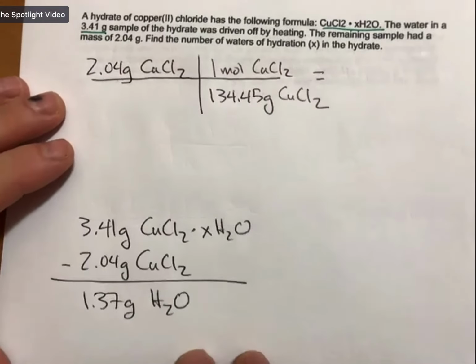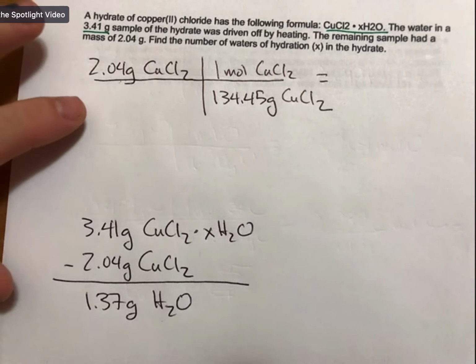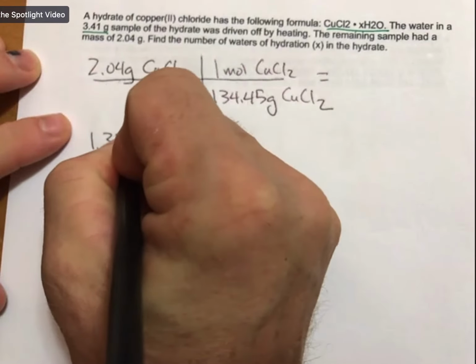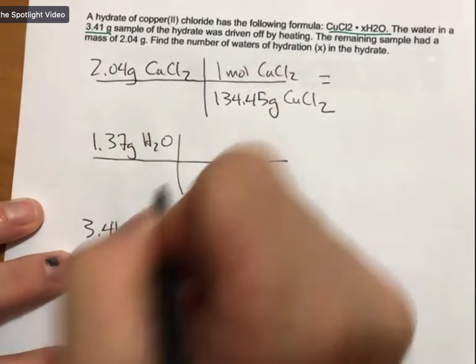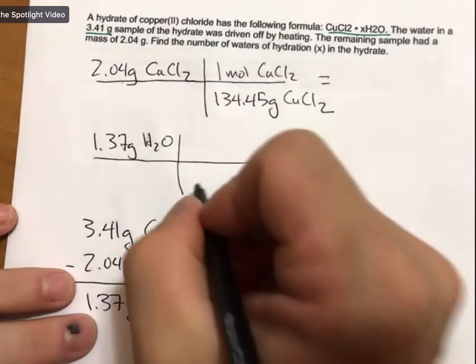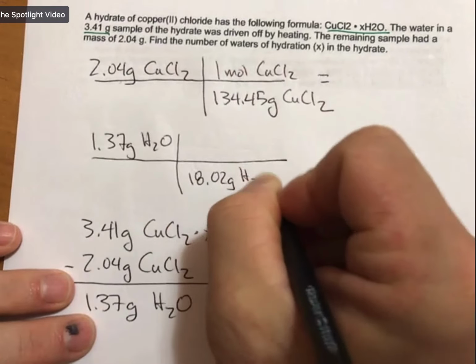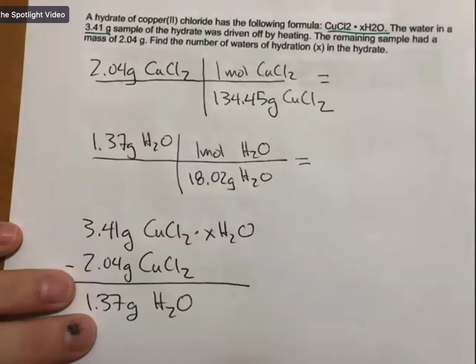And then I'll do it right here. I'll take my 1.37 grams of H2O. The molar mass is 18.02.